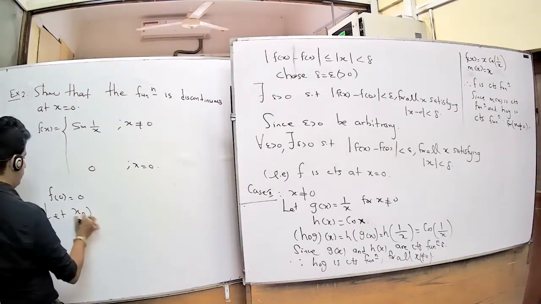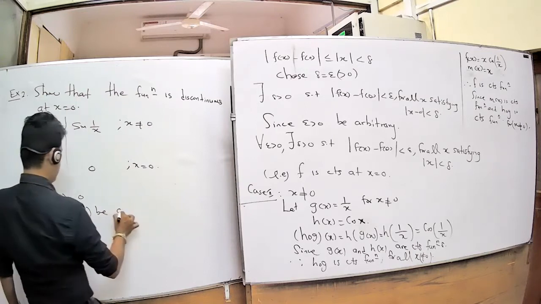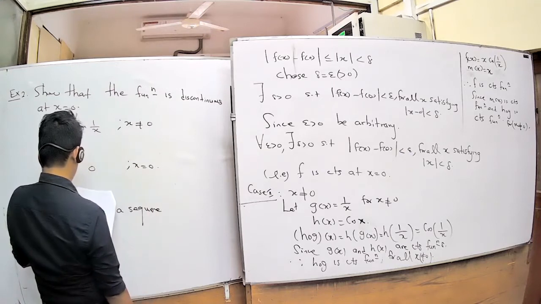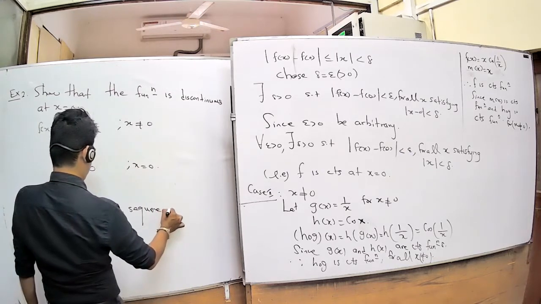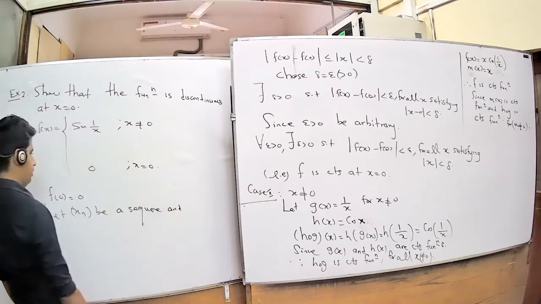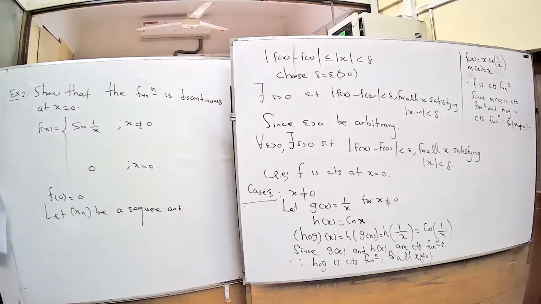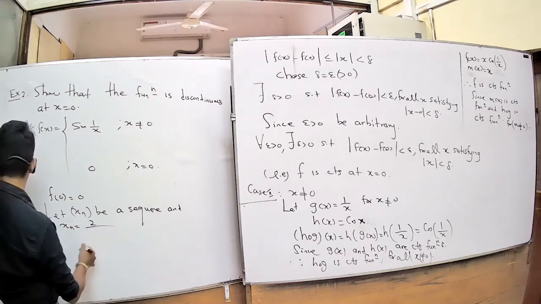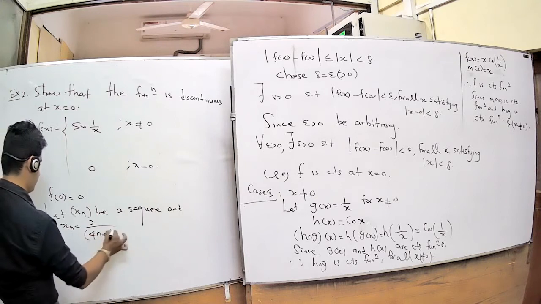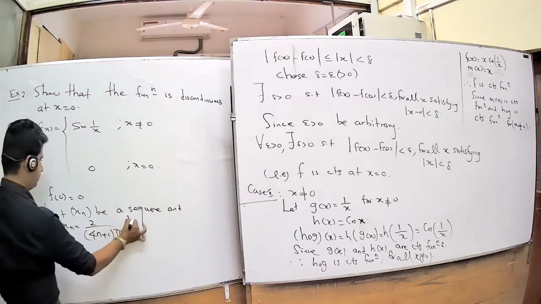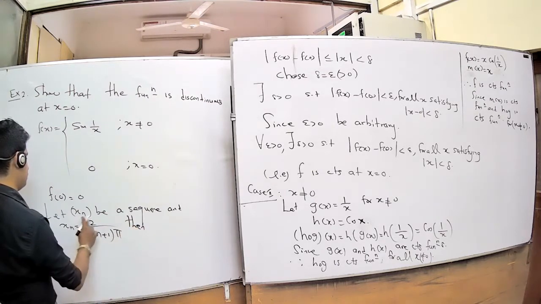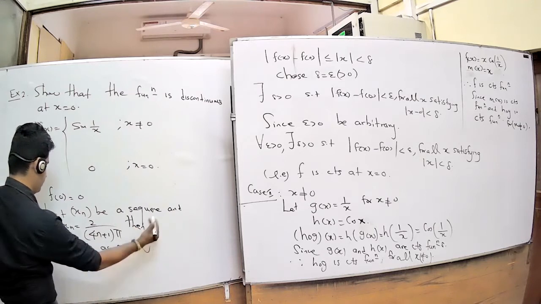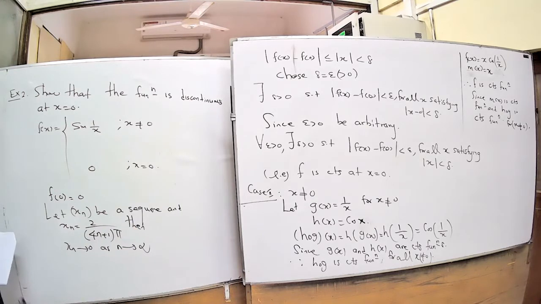Let Sn be a sequence, and for this case, choose Sn equal to 2 over 4n plus 1, pi. Then Sn tends to 0 as n tends to infinity.